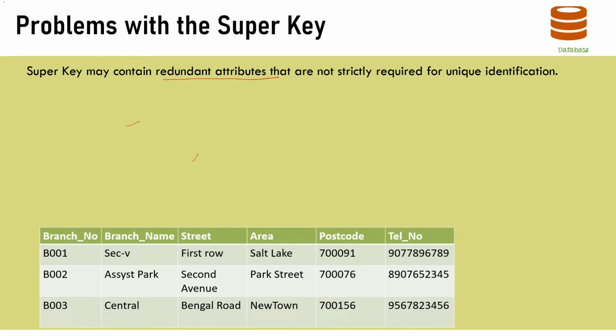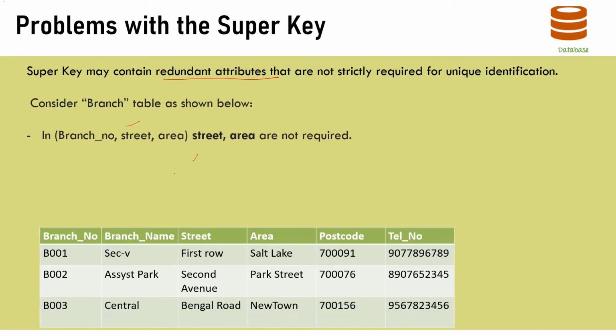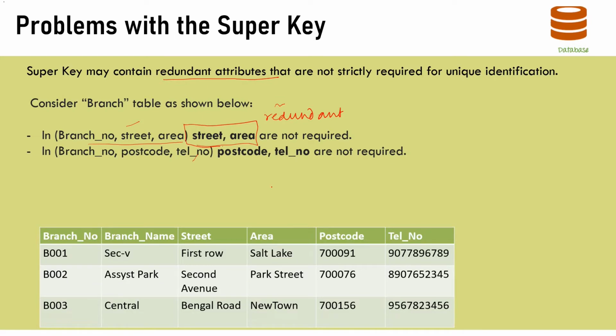Understood? Like in the branch table, if you take this super key, branch number, street and area, actually the street and area attributes are not required, isn't it? They are redundant. Similarly, if you take branch number, postcode and telephone number, then also postcode and telephone number are not required, isn't it?